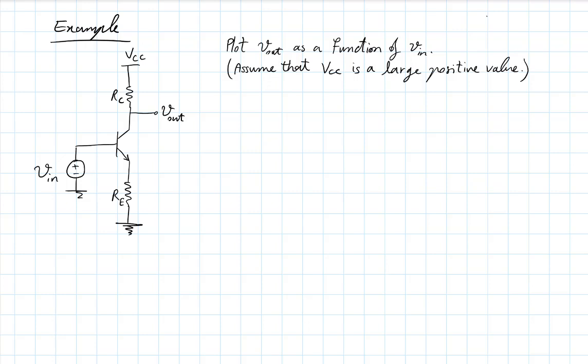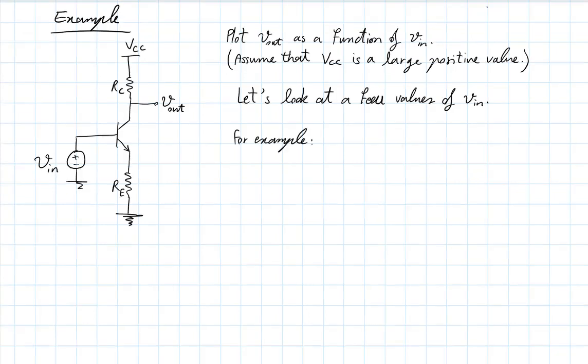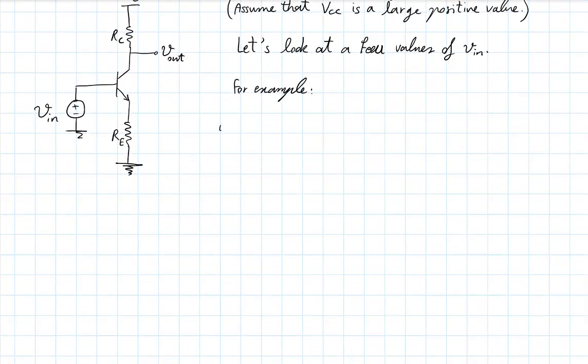That's always an interesting point. So if Vin is 0, what is Vout?